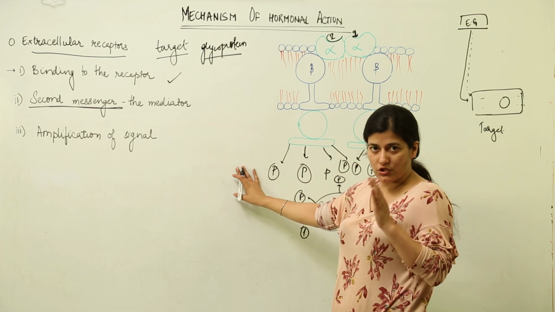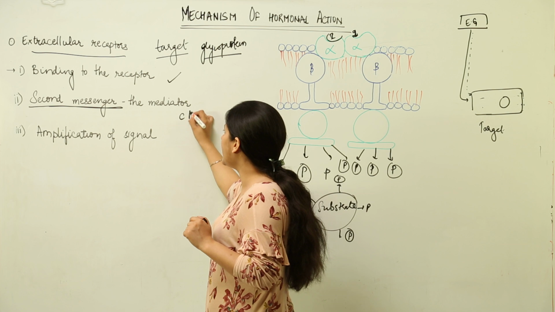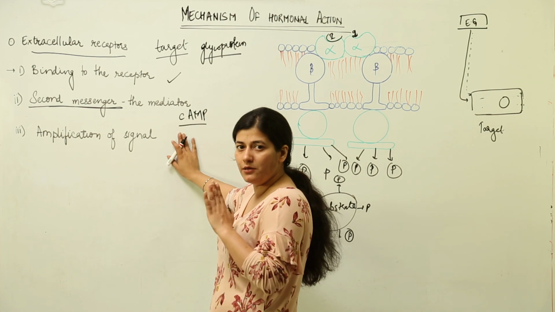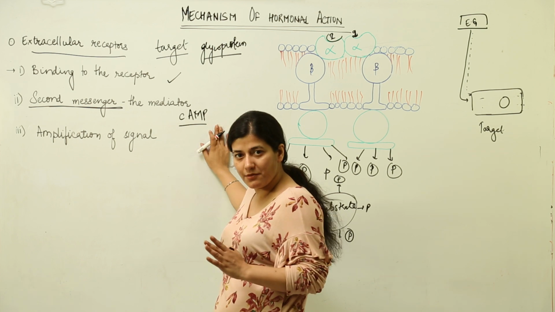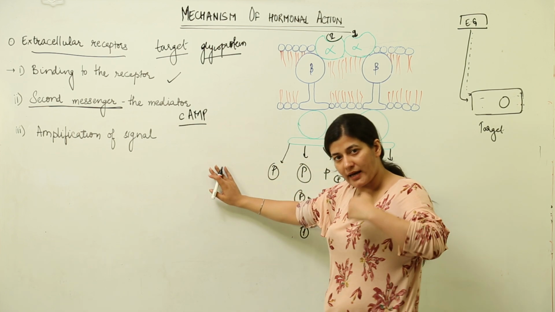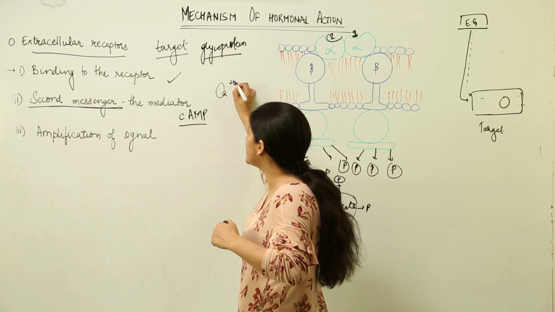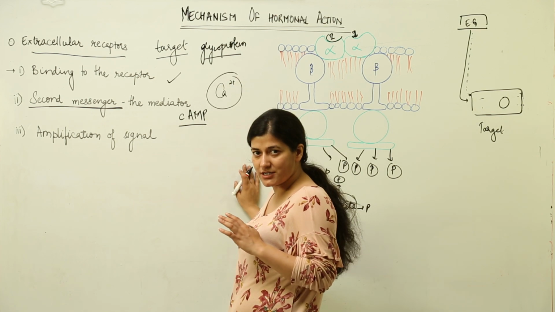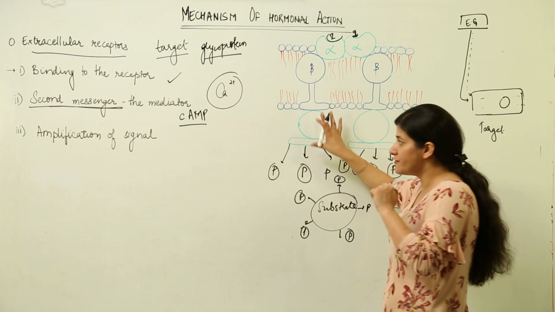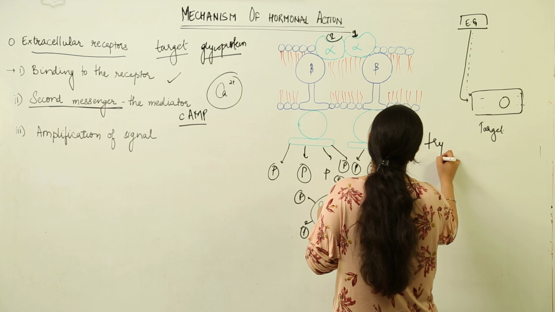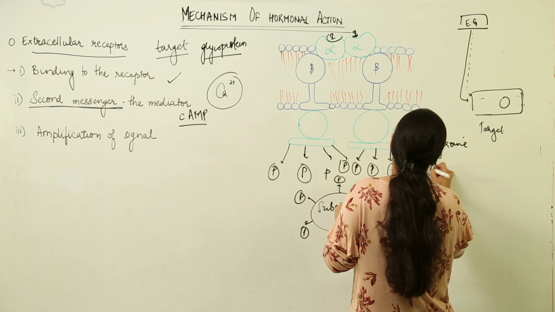In this case you have to remember that cyclic AMP, that is cyclic adenosine monophosphate, acts as the second messenger, which would bring about a cascade of changes along with calcium ions which are released from the endoplasmic reticulum. See this conformational change: this beta subunit is basically an enzyme only, that is tyrosine kinase.